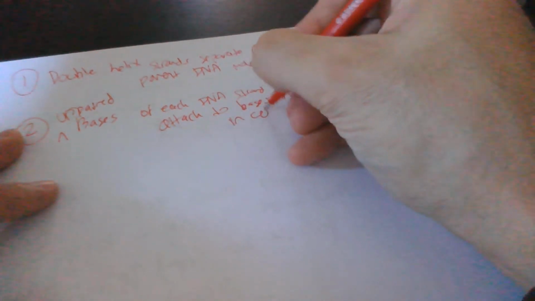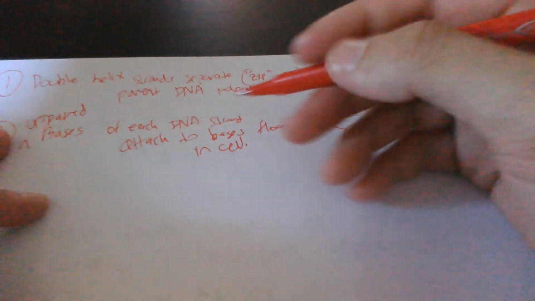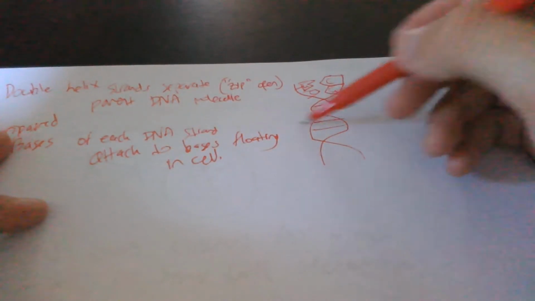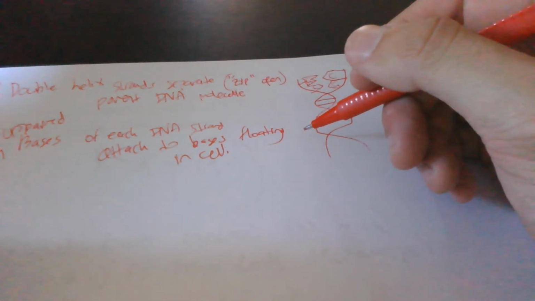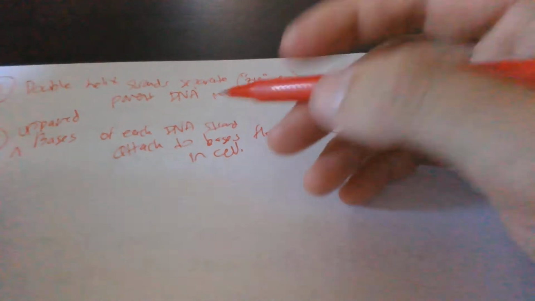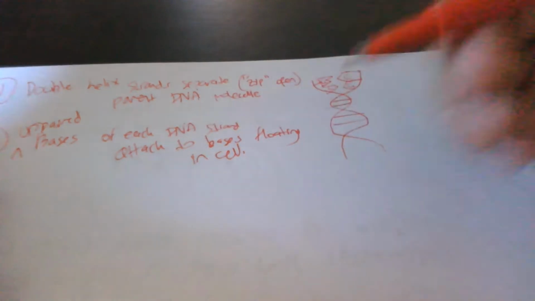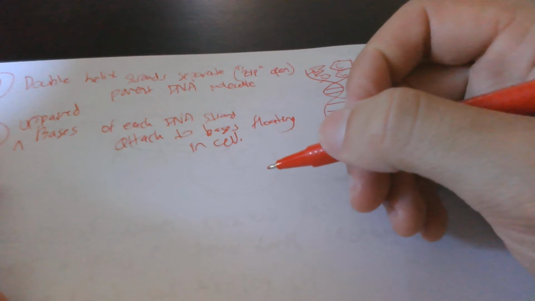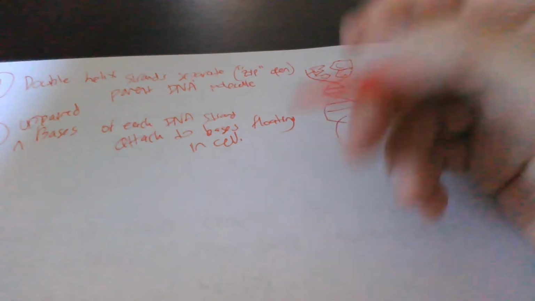When the unpaired bases are exposed in the nucleus, there are individual nucleotides that are not part of the DNA chain. They pair up with the exposed bases, and due to complementary base pairing, remember the rules, you eventually get pairing. So that's step number two.